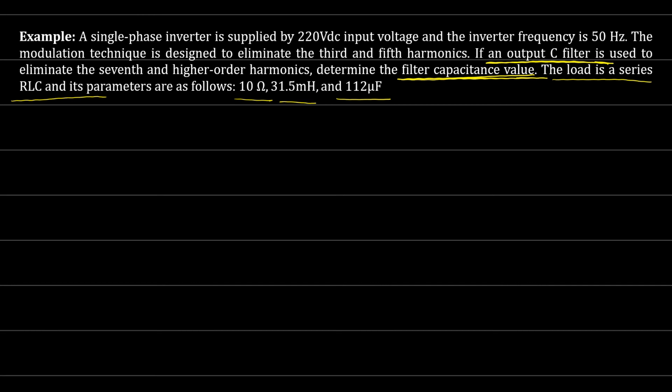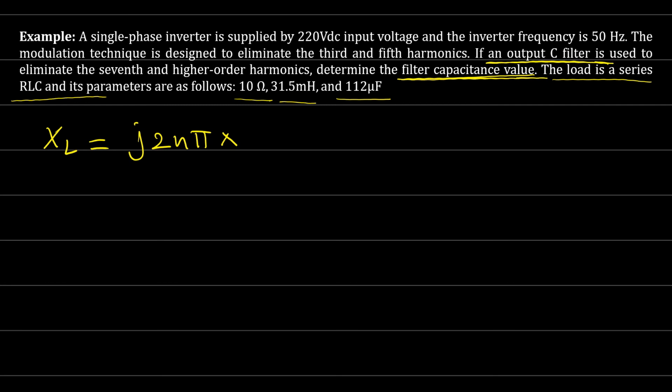Now let's first obtain the impedance of the output waveform. So first we need to find the inductive reactance for the nth harmonic. So XL is equal to how much? j times 2nπ times the frequency times L. So 2πfL, right?